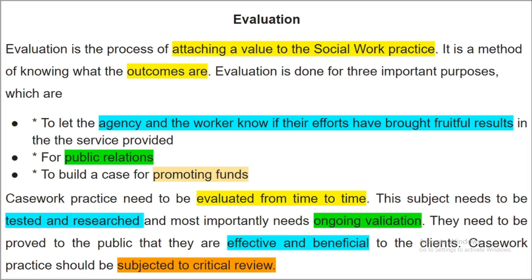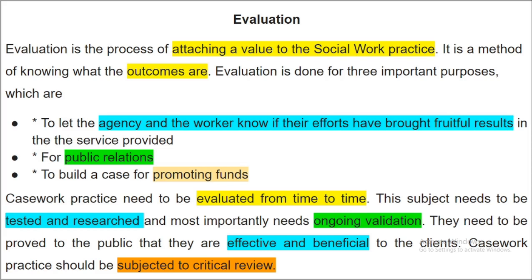They need to be proved to the public that they are effective and beneficial to the client. The whole process should prove to the public that the services are effective and beneficial for the client. Casework practice should be subjected to critical review, and the clients, the process, the problems and intake, every stage and every process should be critically reviewed.